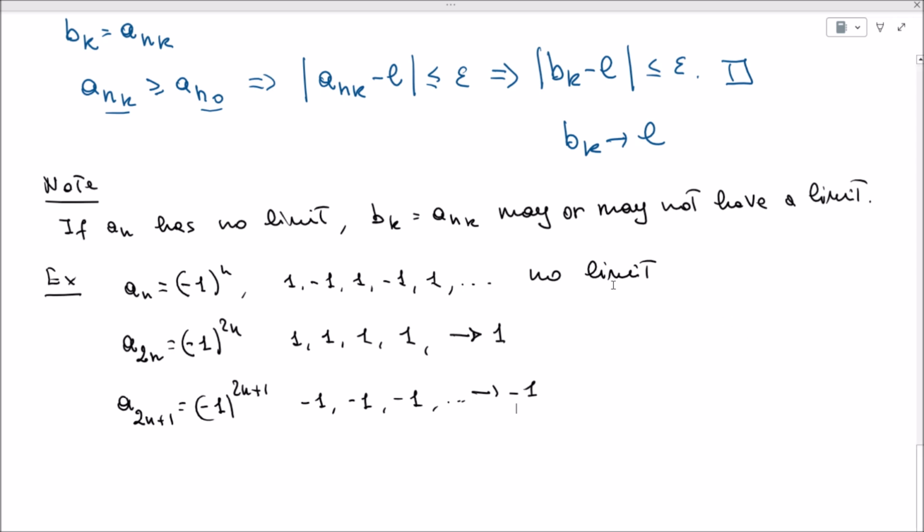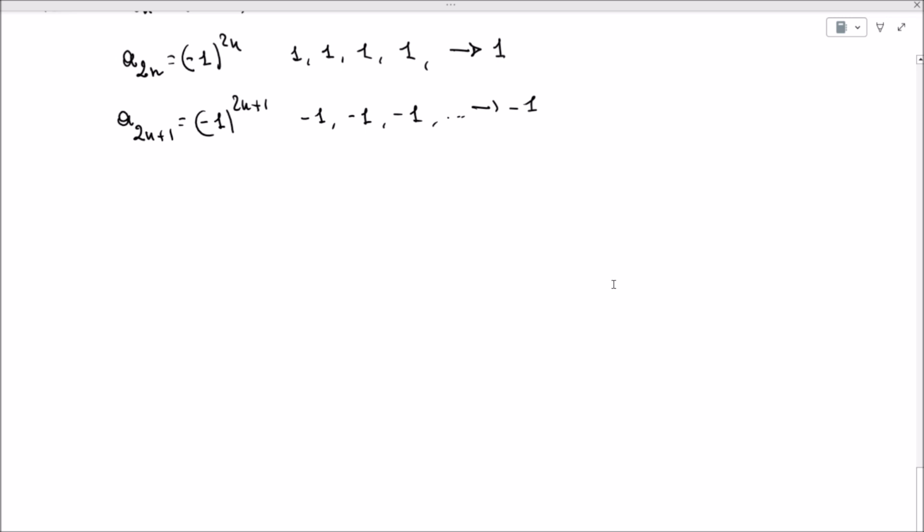Now, there is an important corollary of this theorem, which is the following.